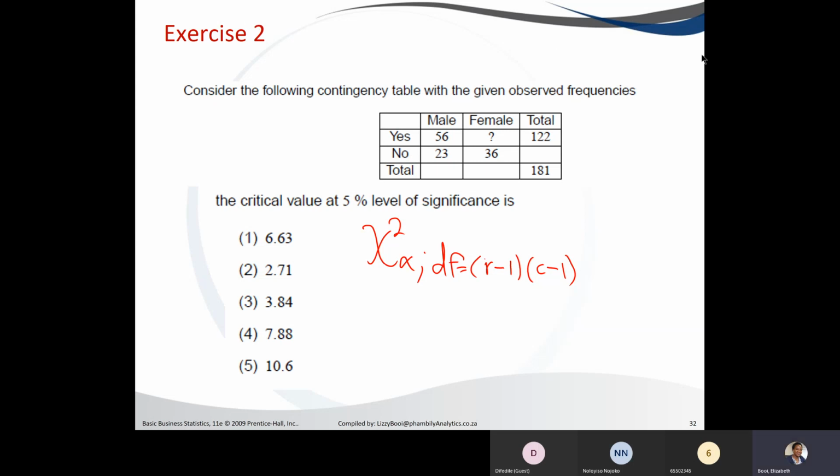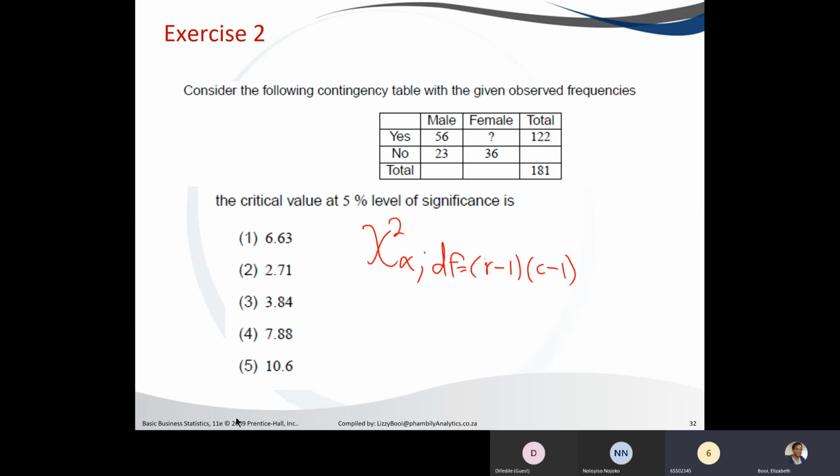Do you have your critical value? It's 3.84.